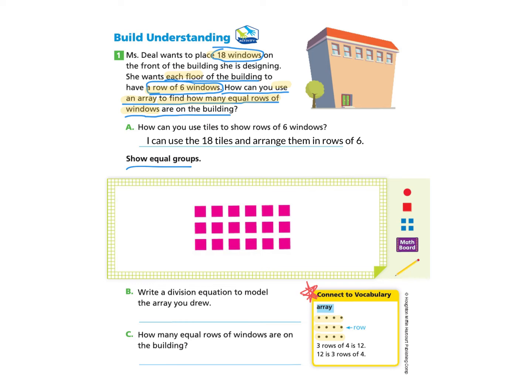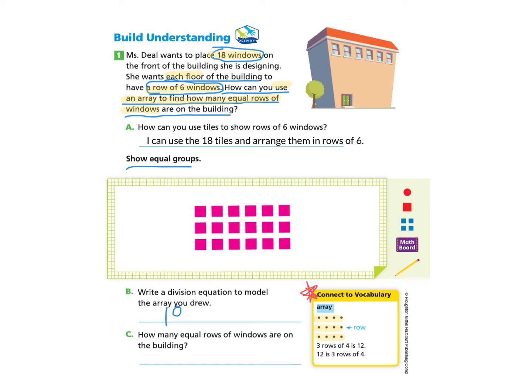Now let's go to part B. Write a division equation to model the array you drew. Again, if you would like to pause and try this part on your own and come back, you may do so. Our division equation to model the array we drew would look like this.